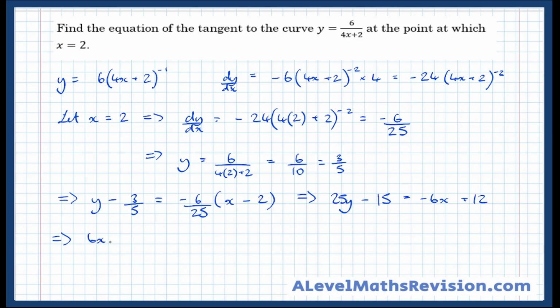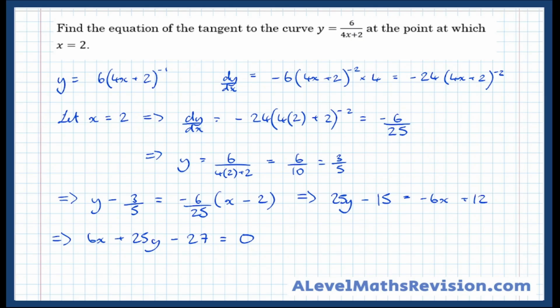We get 6x plus 25y, and minus 15 minus 12 is minus 27 equals 0, and we're done. So that's using the chain rule to find the equation of a tangent to a curve.